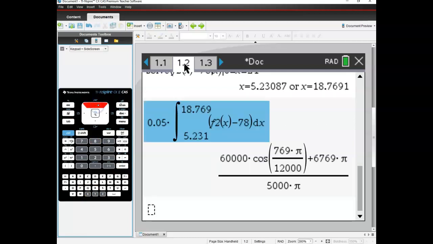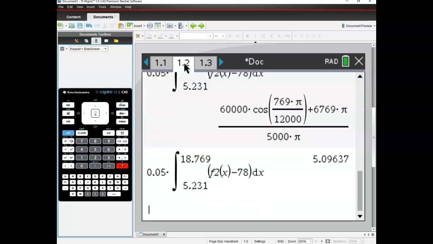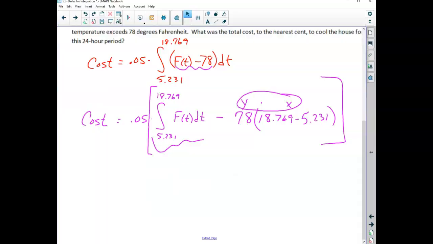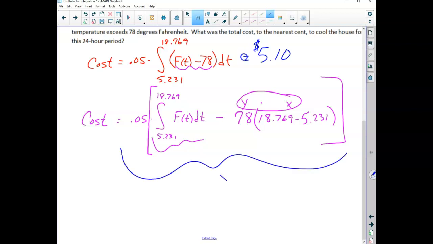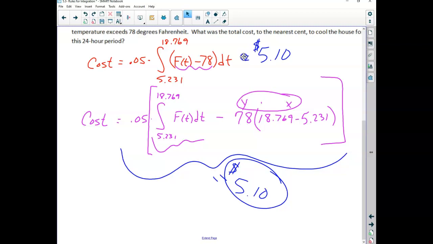Enter. I want to approximate. And how much did it cost? Do not round this answer to 3. It's money. $5.10. Now I come back here and I say equals 5.10. Type this in the way it is, you know it's going to equal $5.10. That's how you're going to use the average value theorem on the AP test in May.